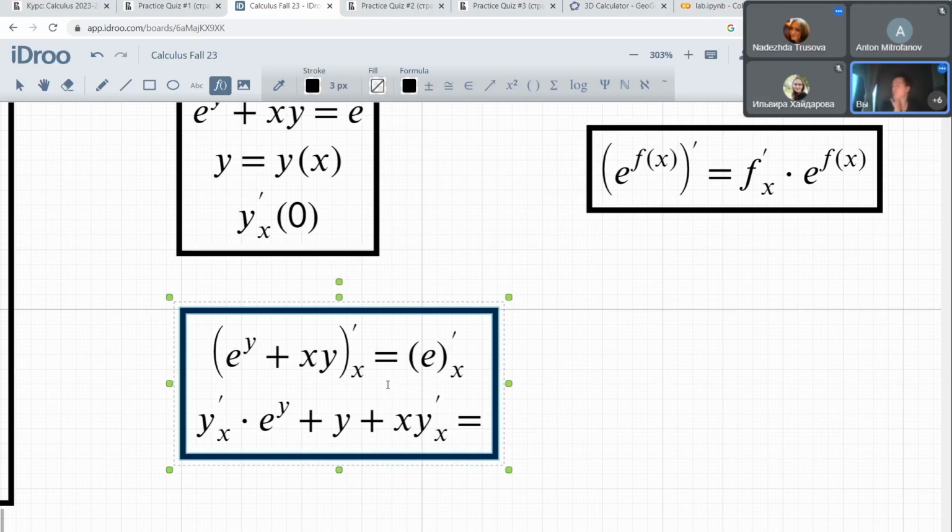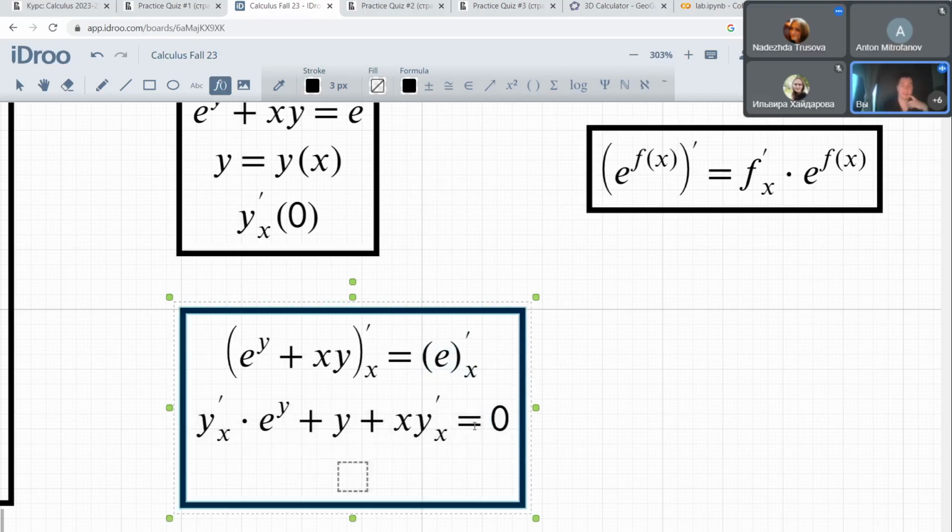Left-hand side, left-hand expression. And what do we know about the derivative of the right-hand equation? Of course, it's 0, because the derivative of a constant is 0.